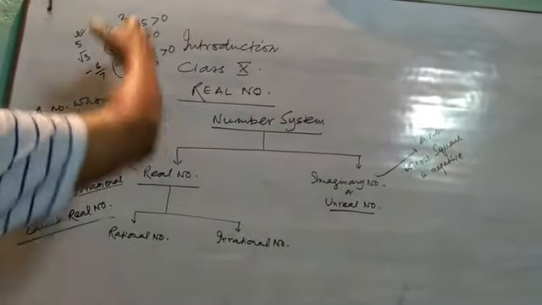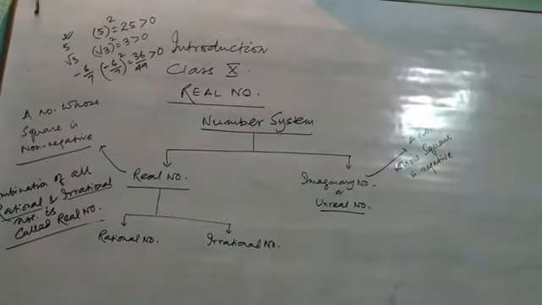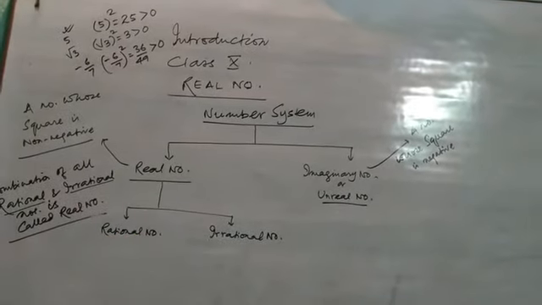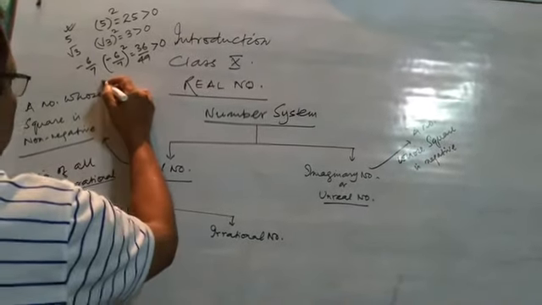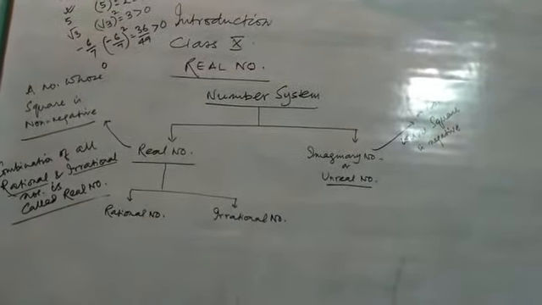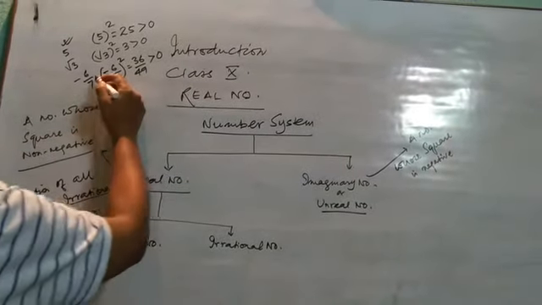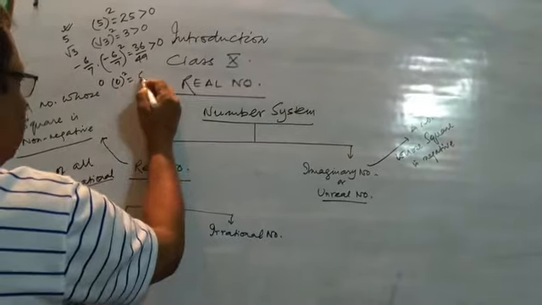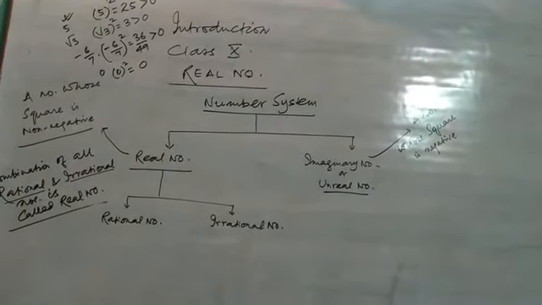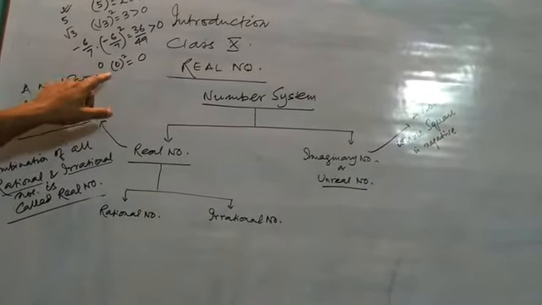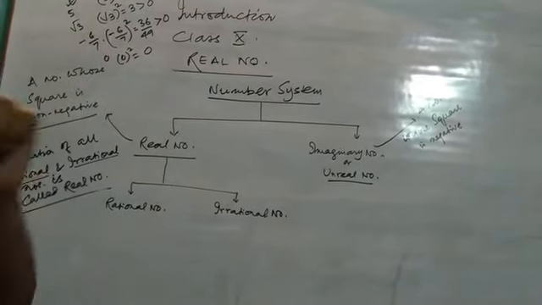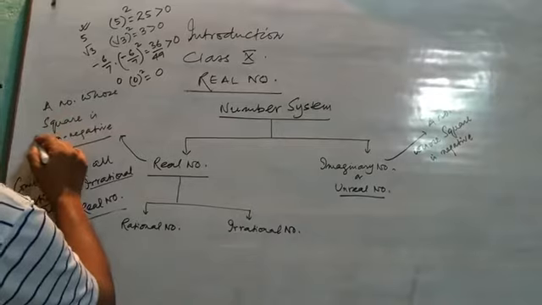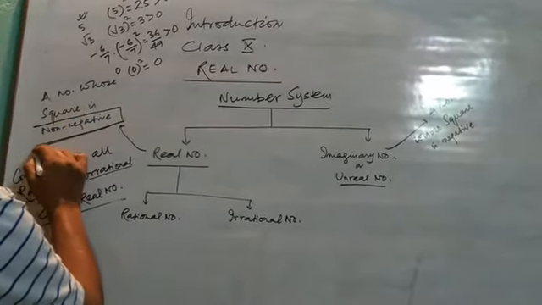Here what we are finding? We are finding that for all these numbers, the square is positive. On the other hand, you take 0. Whether 0 is a real number or not, in order to check it, we will do 0 square, that is 0 itself. So, due to the existence of this single element 0, this word non-negative is used.